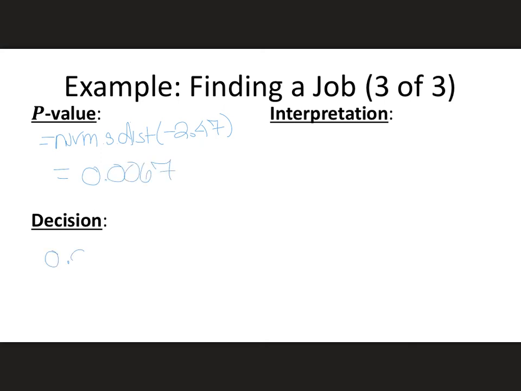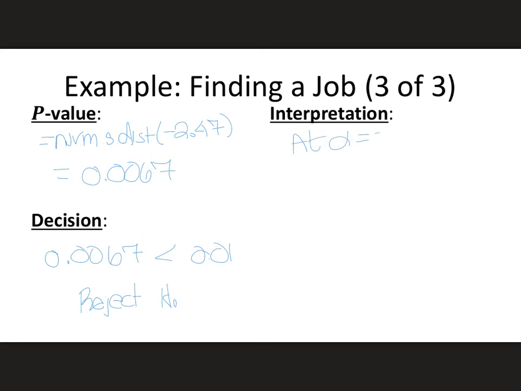Make your decision. I'm going to compare my p-value to my alpha of 0.01. So 0.0067 is less than 0.01. This means we reject the null hypothesis, and then write our interpretation.